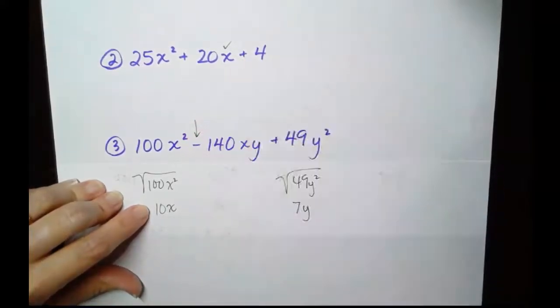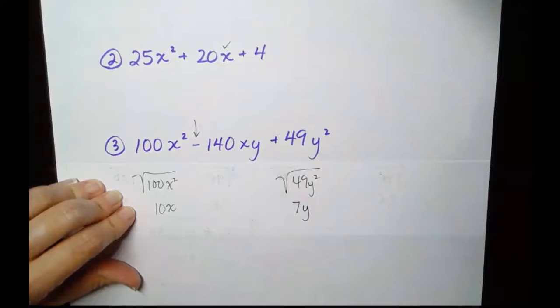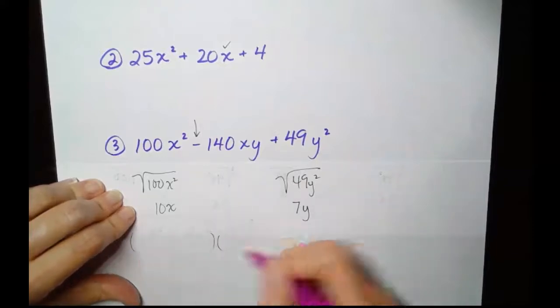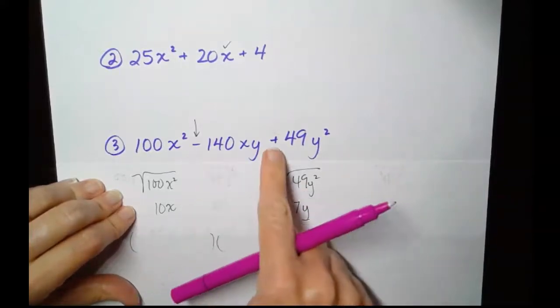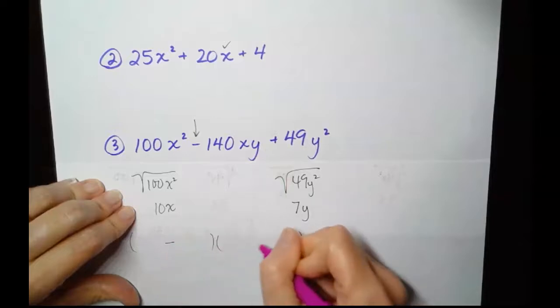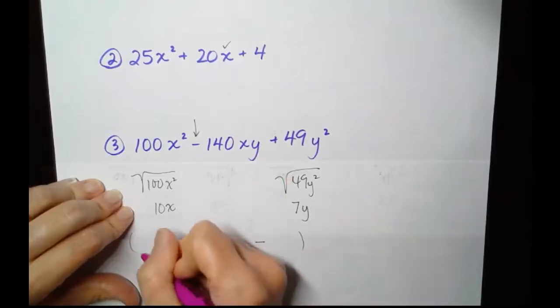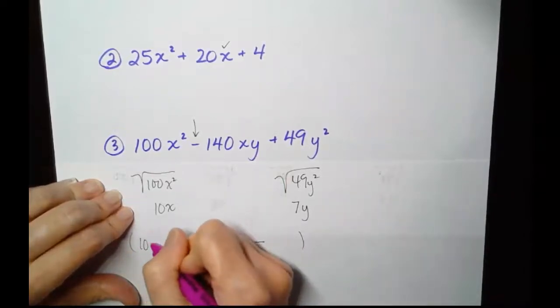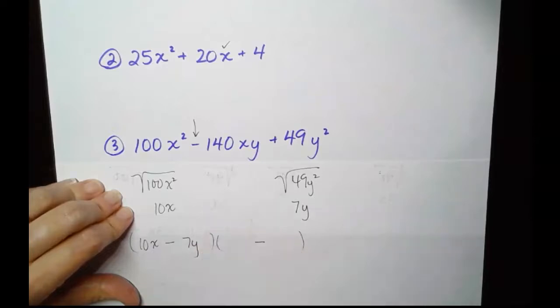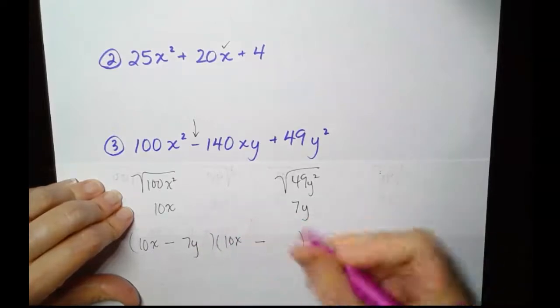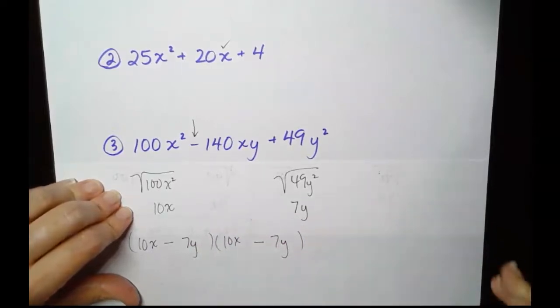But there's a negative right there. And we learned in the guess and check video that if it's minus, plus, it will be minus, minus in the factors. So 10x minus 7y times 10x minus 7y. This is our guess.